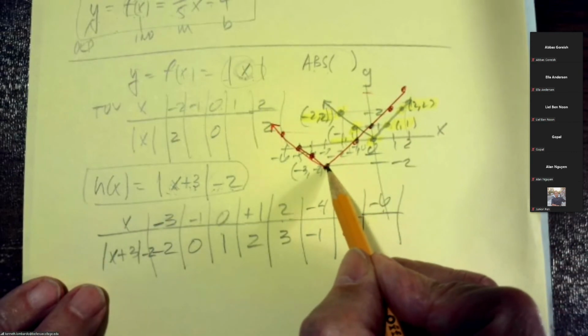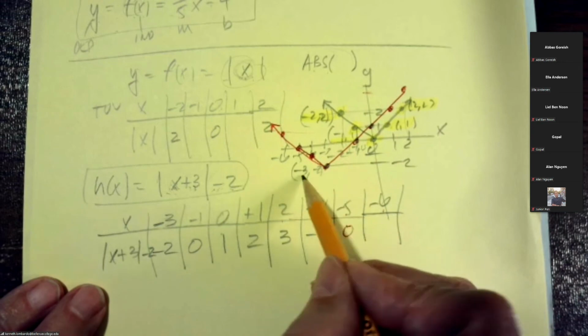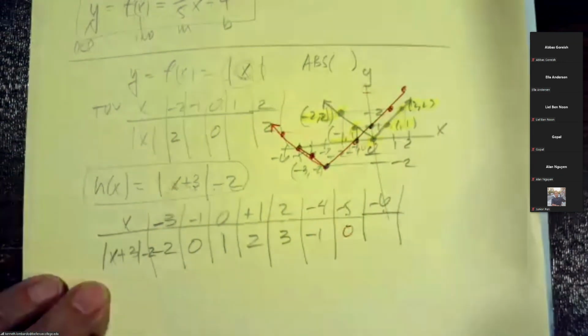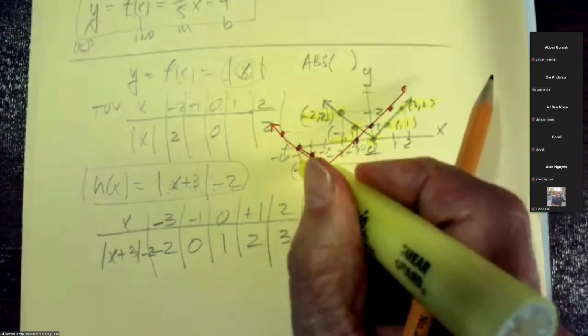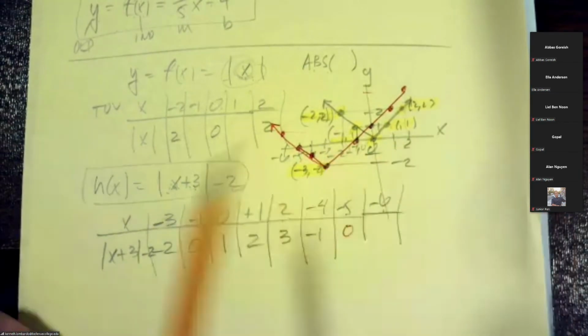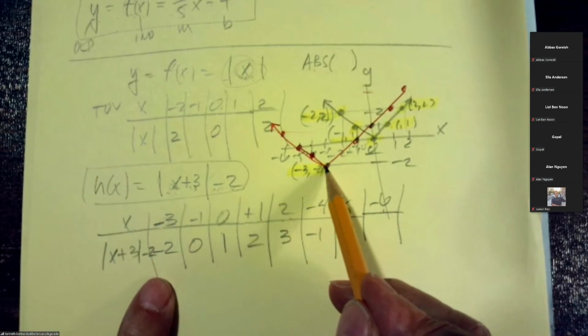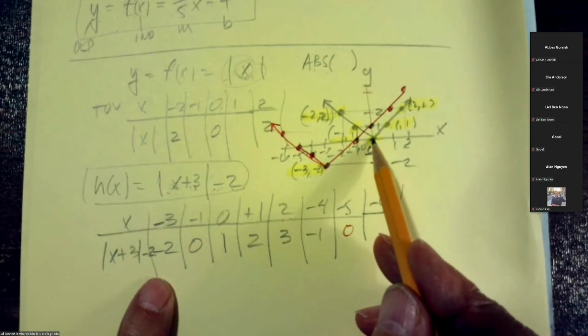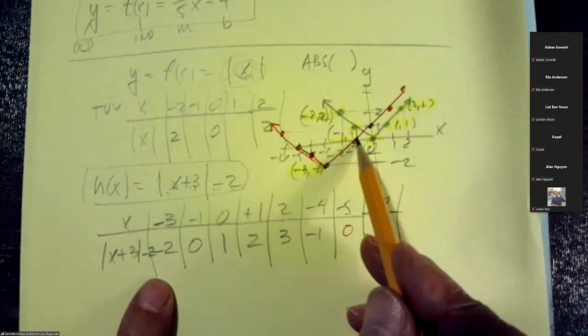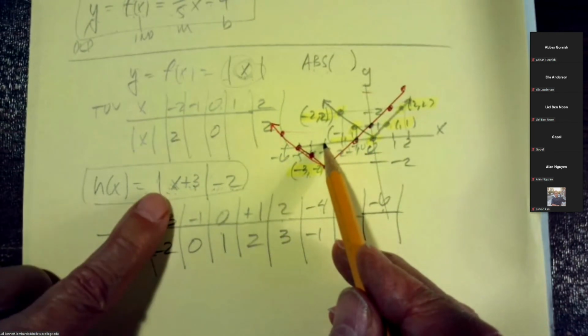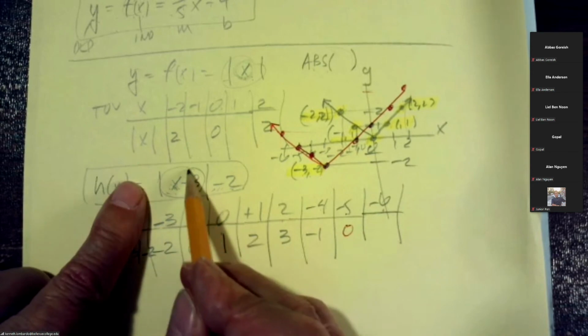It's here, which is located at -3, -2. Now, the reason I want to emphasize this is we take a look at where the origin is moved to. Went from here to here. It shifted left 3. And yet I had x plus 3 in here, didn't I?